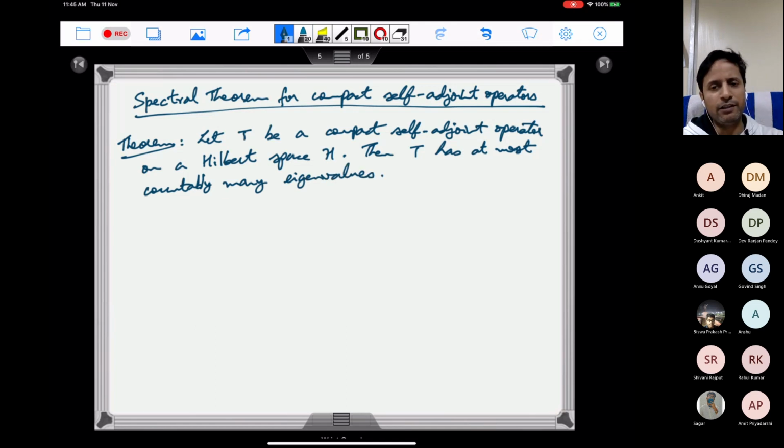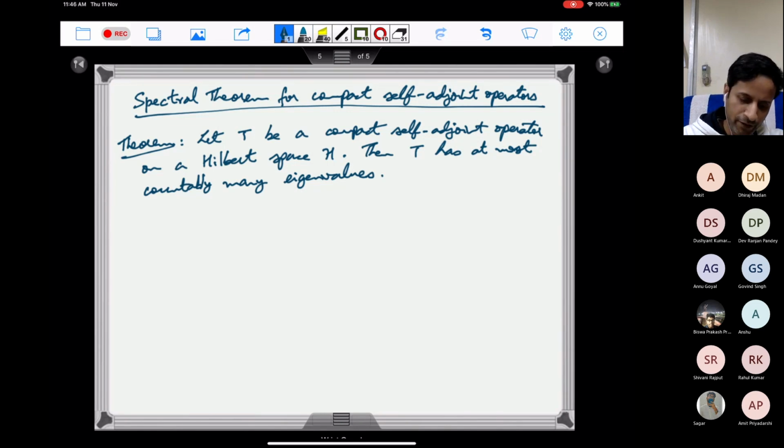This we have already seen, and here we don't even need self-adjoint. For any compact operator, the spectrum we saw has to be countable. So it has countably many eigenvalues.